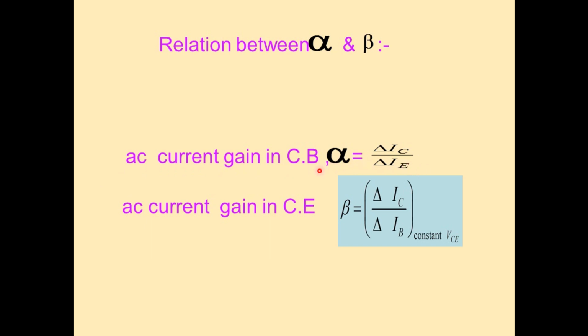AC current gain in common base configuration, alpha equal to delta IC by delta IE. AC current gain in common emitter configuration is beta equal to delta IC by delta IB.